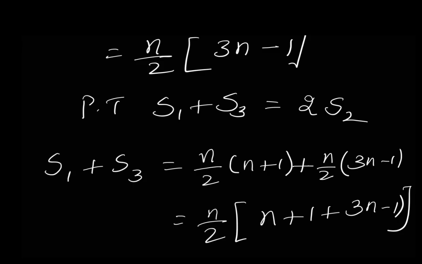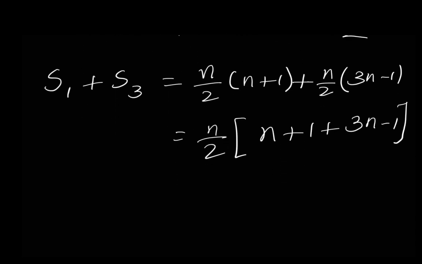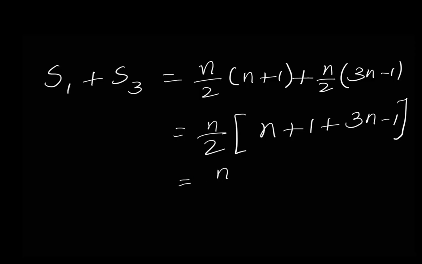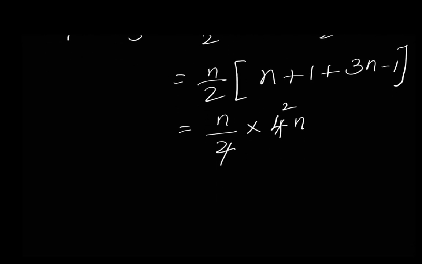See, if you take n by 2 as common outside, here the remaining one is n plus 1, plus 3n minus 1. So n by 2, plus 1 minus 1 cancel. So you will get 4n. 2 into here it goes 2 times.